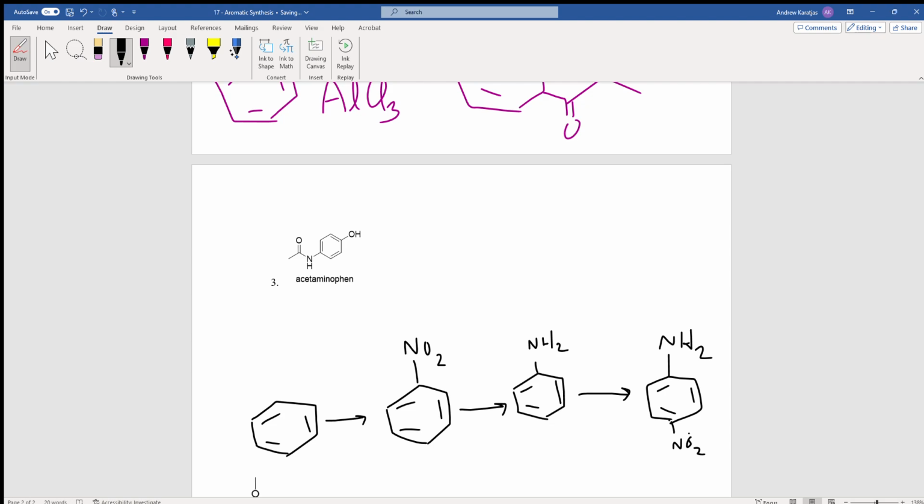From here, it's really just a matter of converting each of these nitrogens into the functional group that we need. The amine up at the top, if we add acetyl chloride to it, will form an amide.